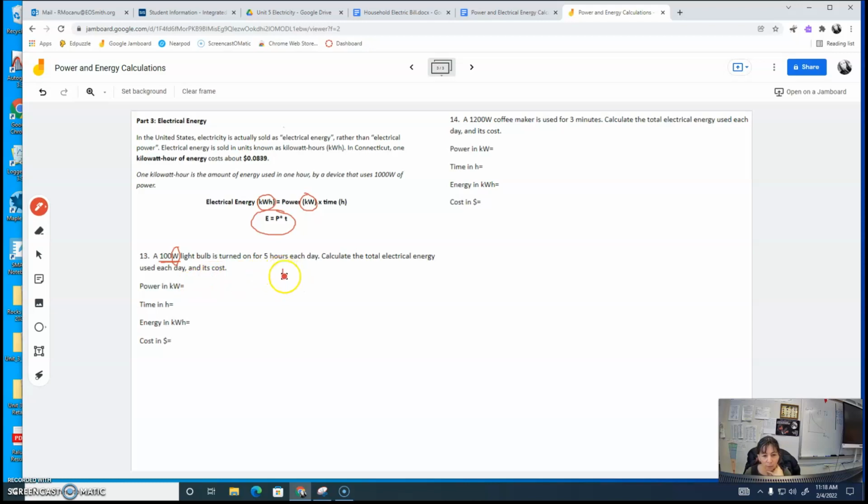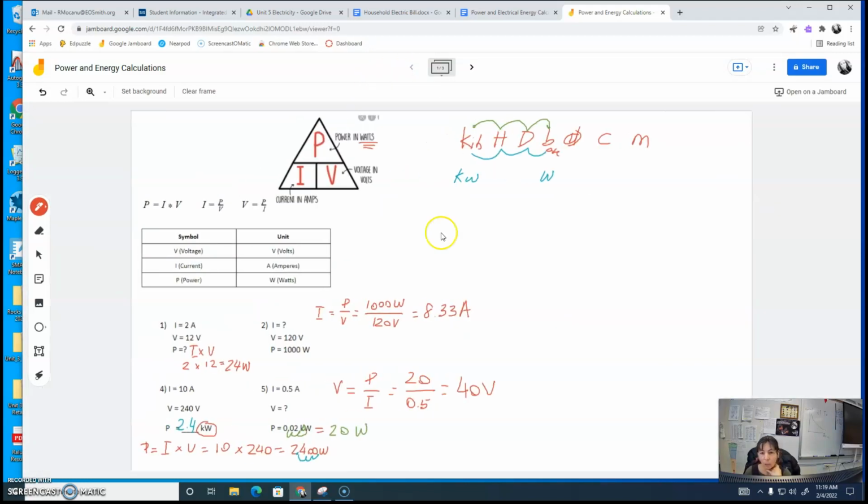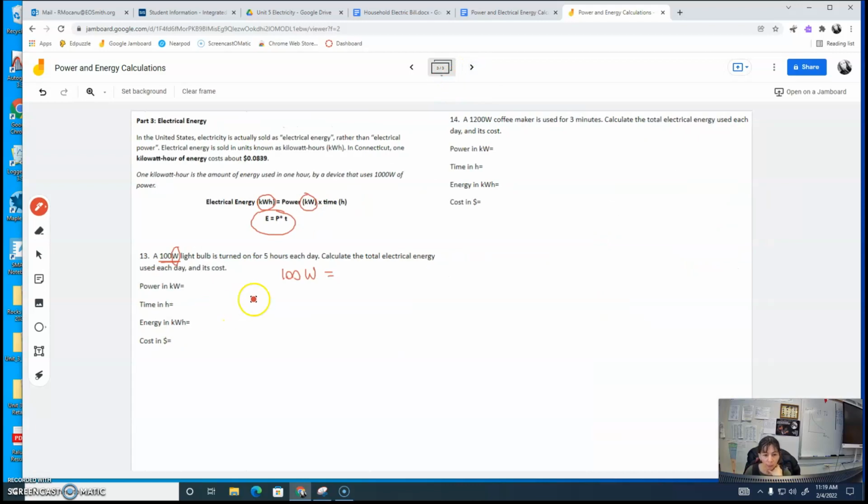If I want to convert 100 watts into kilowatts, I can use my little scale over here. I'm going from my base unit of watts to kilowatts, so I have to jump 1, 2, 3 steps to the left. If I take my decimal point and jump 3 spots to the left, 100 watts turns out to be 0.1 kilowatts.